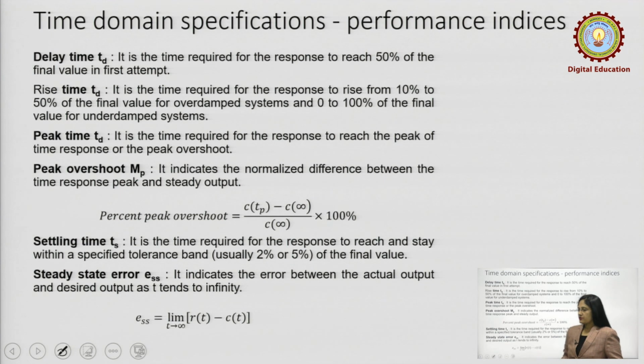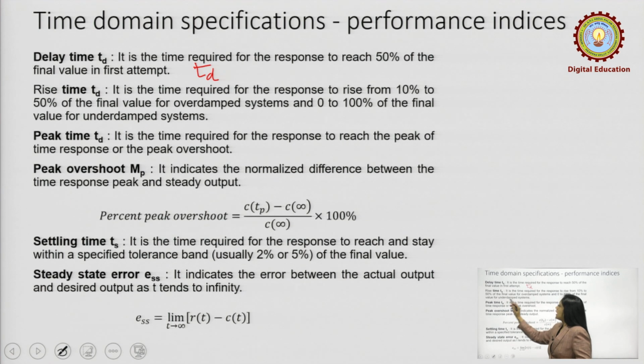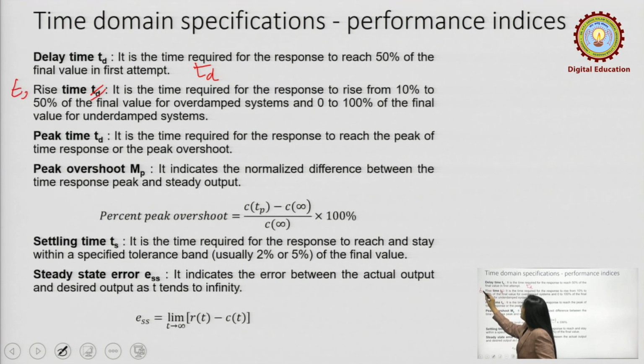So, according to the definitions, what is delay time? Delay time is the time required for the response to reach 50% of its final value. This is T d. For the rise time, this is T r, and this is the peak time T p.